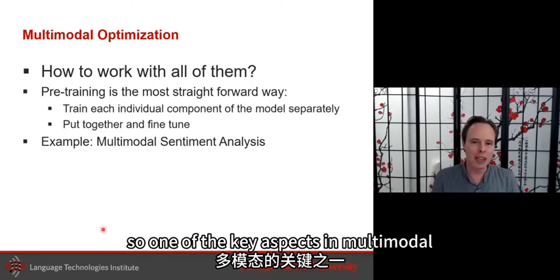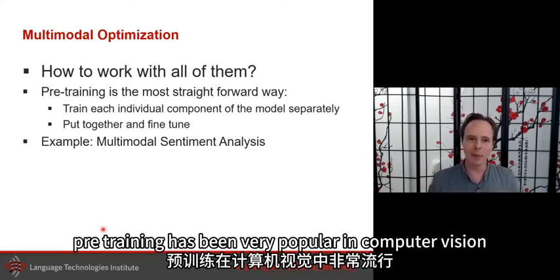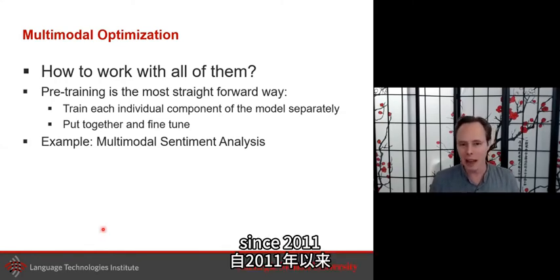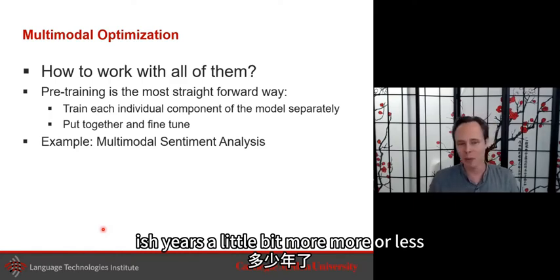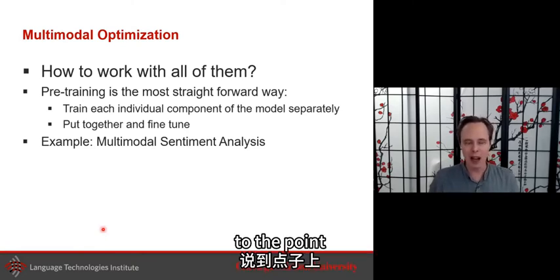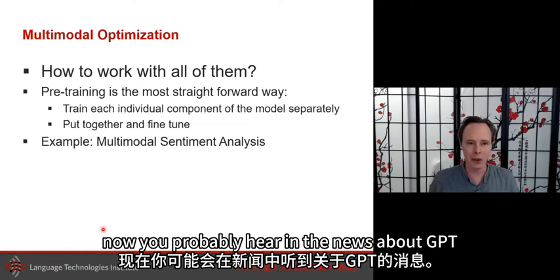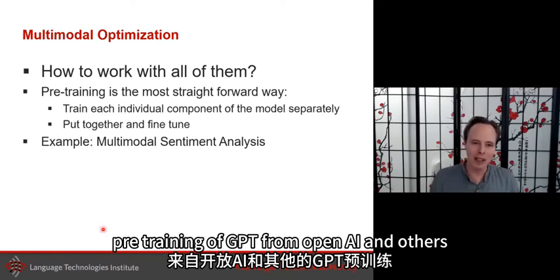So one of the key aspects in multimodal that you will hear, and now you hear it a lot more, is pre-training. Pre-training has been very popular in computer vision since 2011, but in natural language processing for the last 3-ish years, a little more or less, pre-training also became very popular in NLP, to the point that now you probably hear in the news about GPT, pre-training of GPT from OpenAI and others.